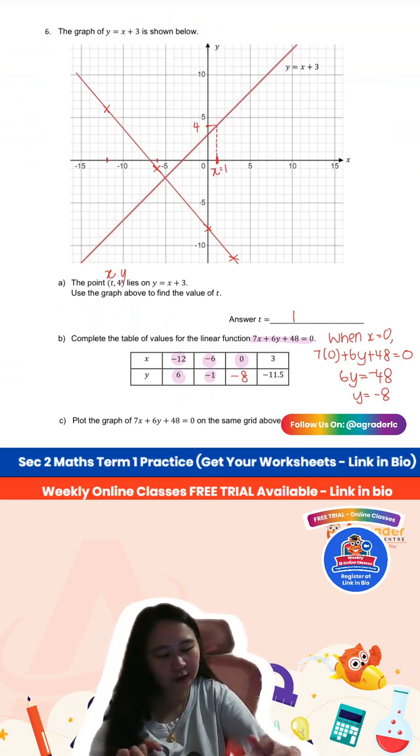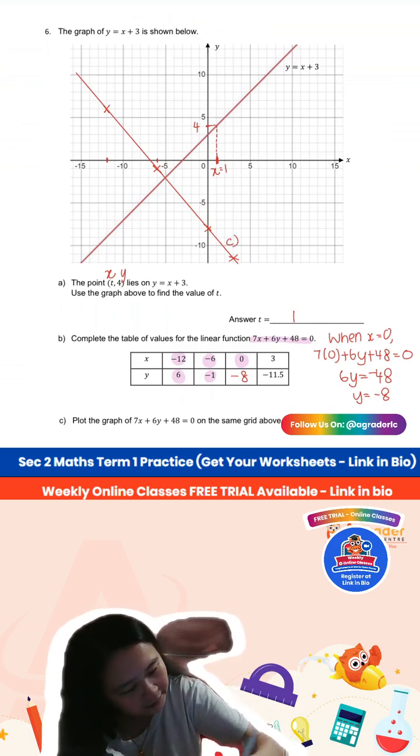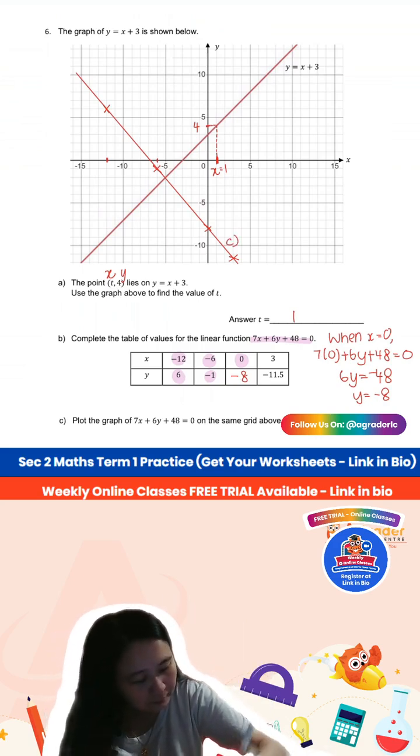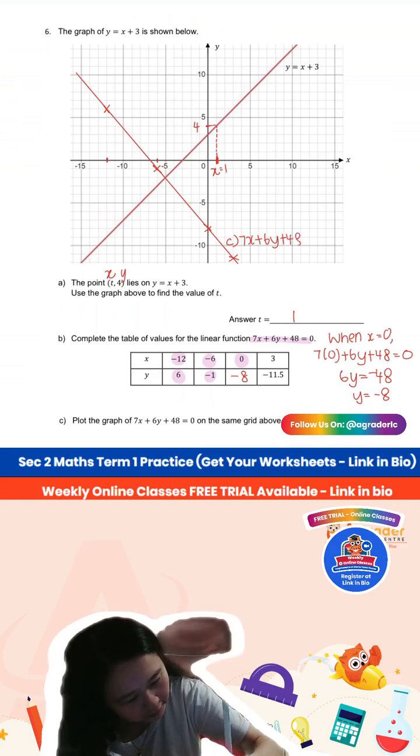Okay, after which don't forget to label the graph. This is for part C. 7x plus 6y plus 48 equals 0.